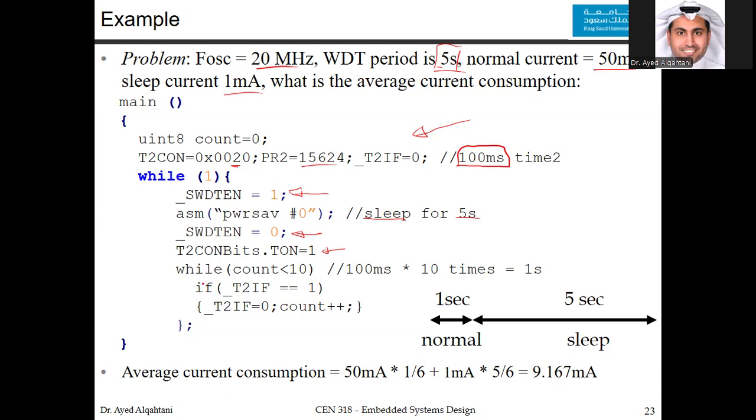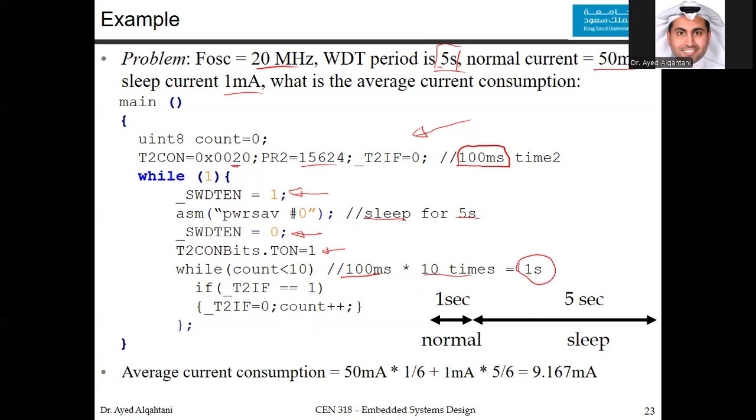So you will stay in this while for 100 milliseconds, which is the amount of time of timer 2, since you started the timer right in the statement before the while. So you have 100 milliseconds, and you will go 10 times. The iteration here is less than 10, from 0 to 9, so it's 10 times. So the amount of time for it is 1 second.